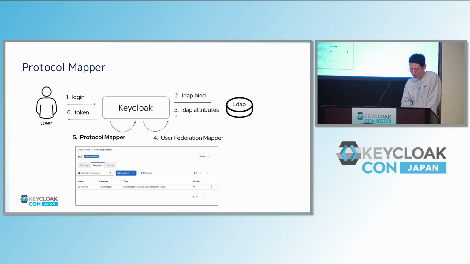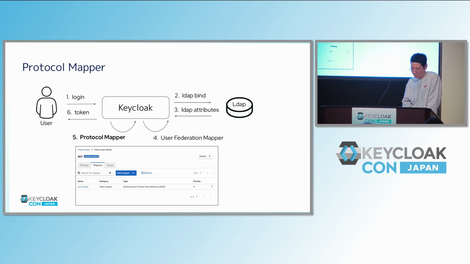For example, it can take a user attribute like department and issue it in a token as custom department, or include the user's roles in a roles claim. One important point, if you want to include LDAP attributes in a token, you must first bring them into Keycloak using a user federation mapper and then use a protocol mapper to expose them in a token.